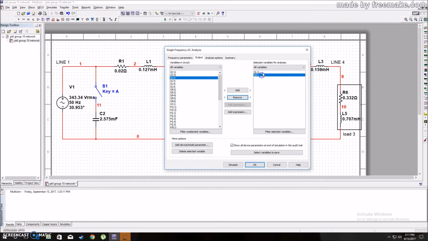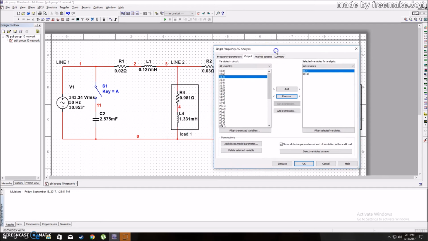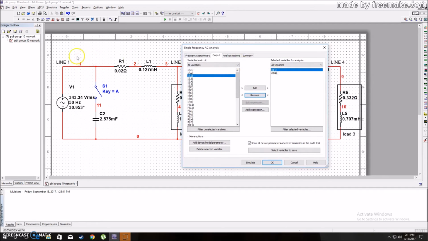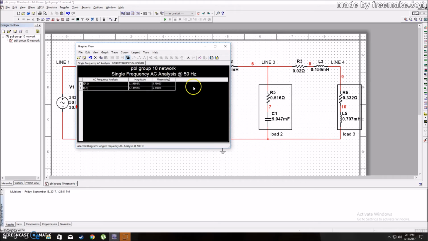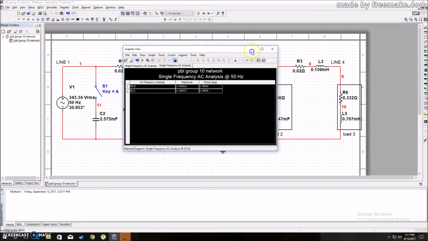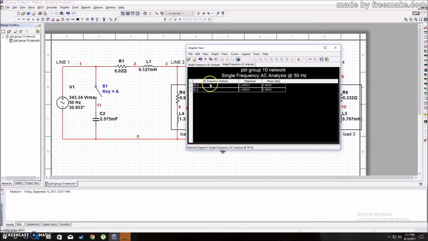Both of these variables have the same value because the current flowing through the resistor 1 and inductor 1 is actually the same. It's actually the transmission line current. So we click simulate. Okay, so this is the current flowing through the transmission line 1 to 2.